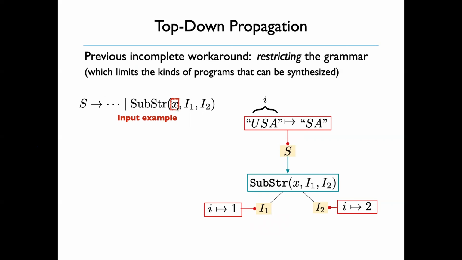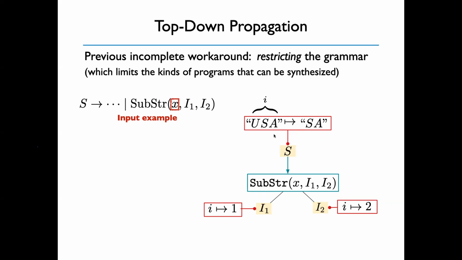If the grammar only allows the substring operator to take the input example, preventing the other operators from being nested, then this syntactic restriction allows deducing two missing specified indices for a given specification by identifying the starting and ending positions of the desired output in the input example.